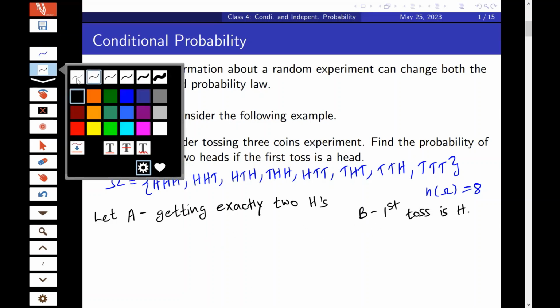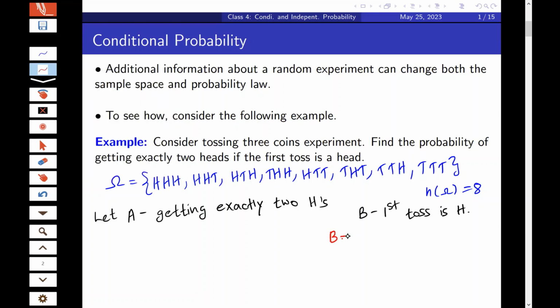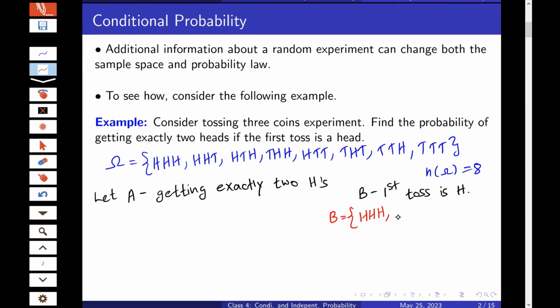Let's write down the items in B. First toss is head, so we don't worry about the other positions. We only care about the first toss. If the first toss is head, then we take it into our set.